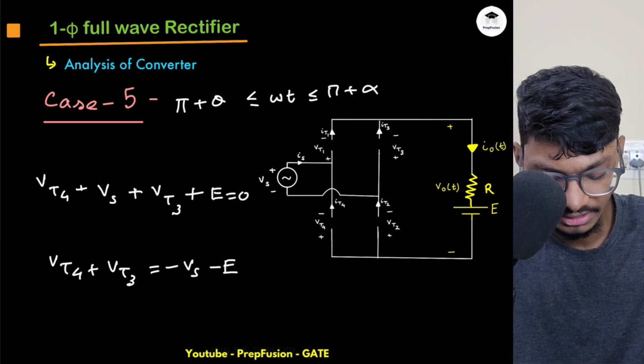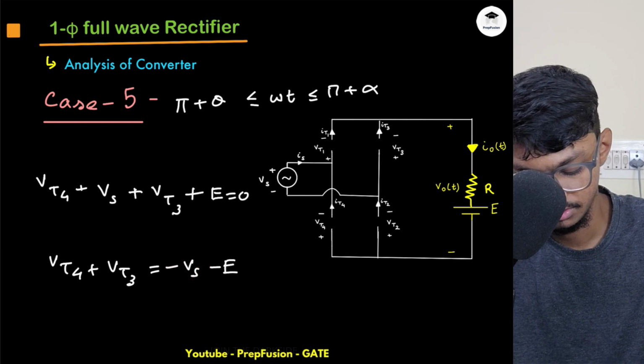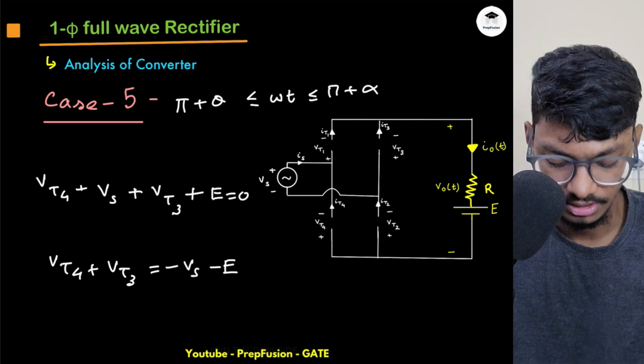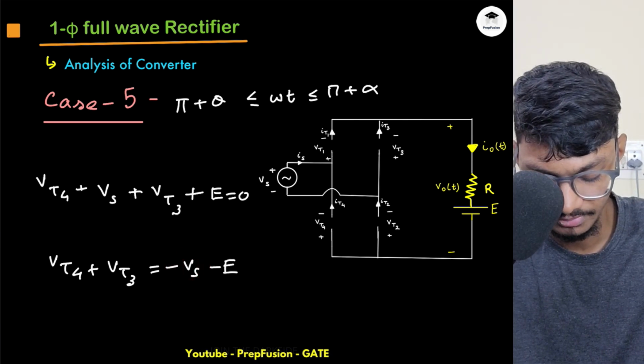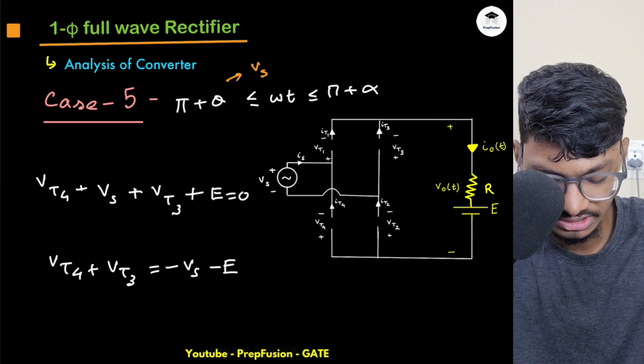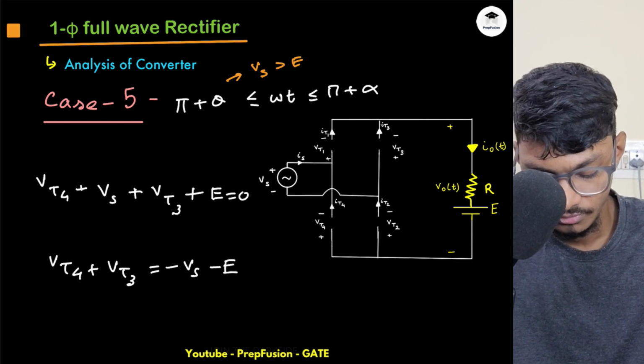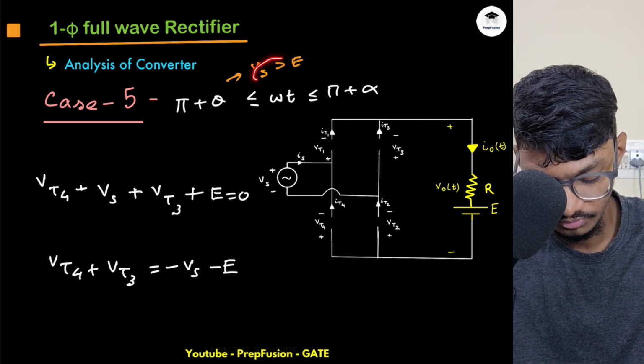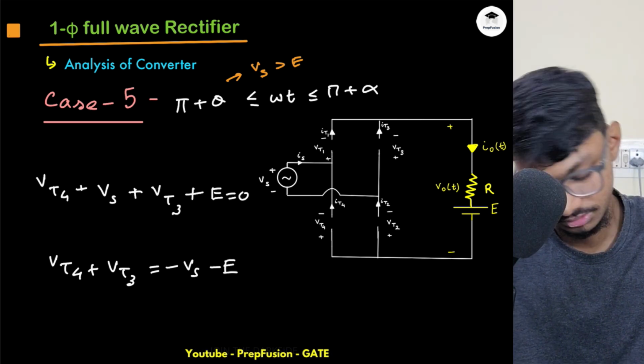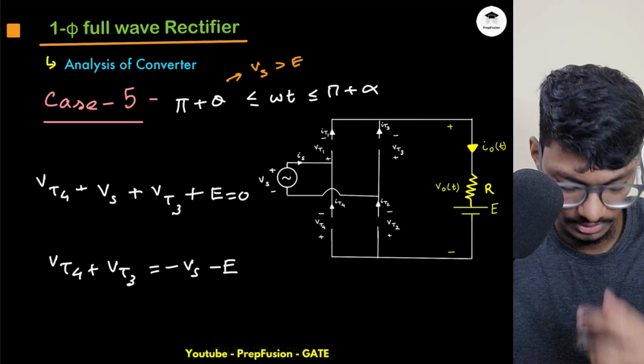Now, pi plus theta means what? Again my Vs is greater than E? That won't be helpful.